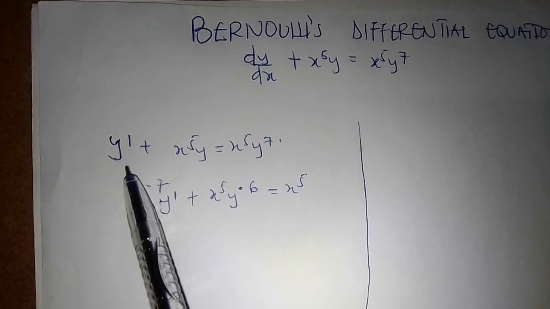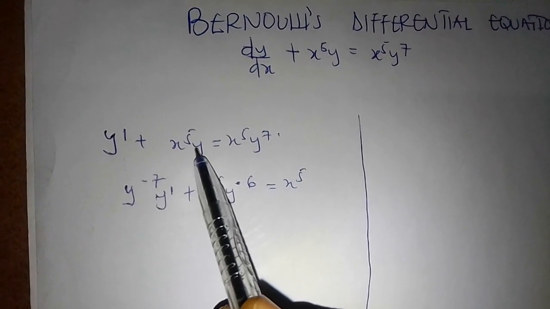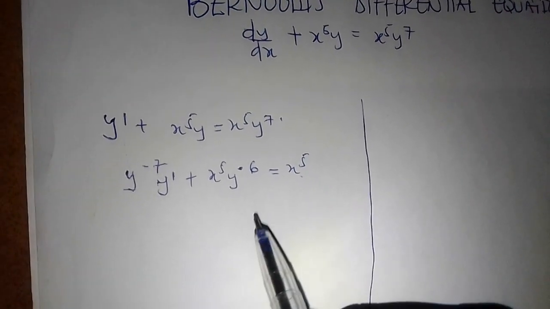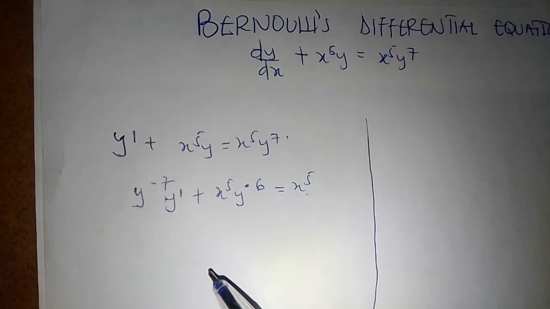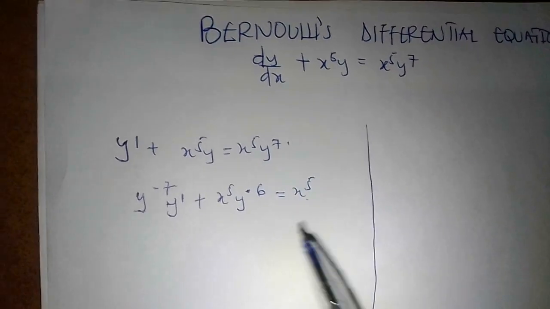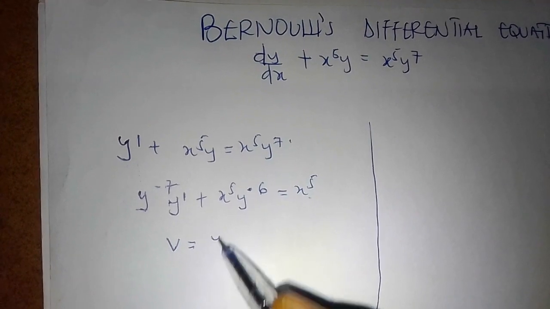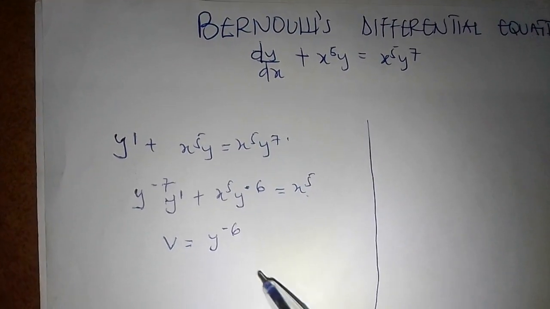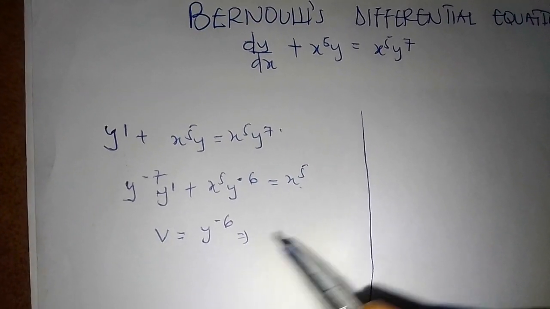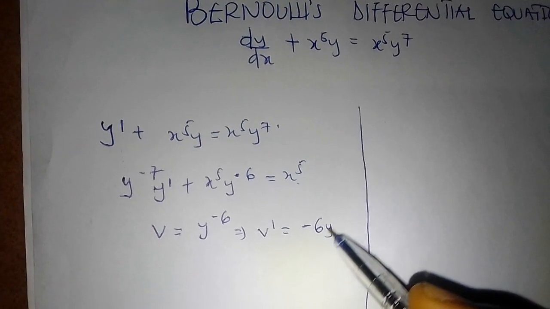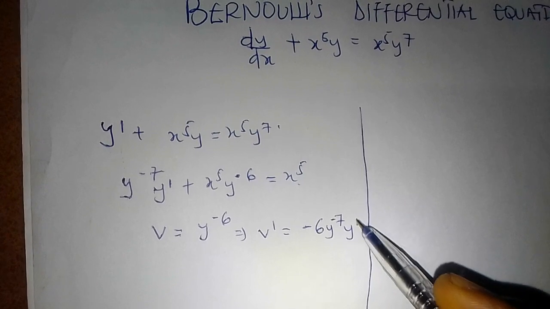When you divide through, you get the inverse power of y, so you get negative 6 and x to the power 5. So at this point you are going to make a substitution. Let's say v is equal to y to the power negative 6, and after you differentiate this expression, v prime will be equal to negative 6 y to the power negative 7 y prime.